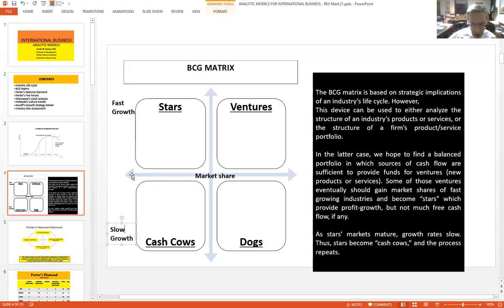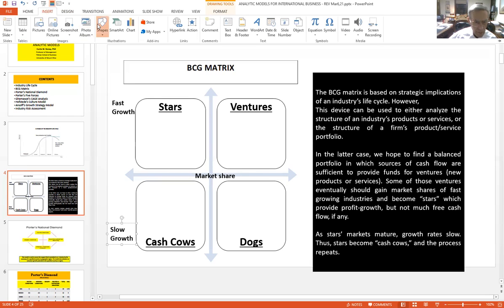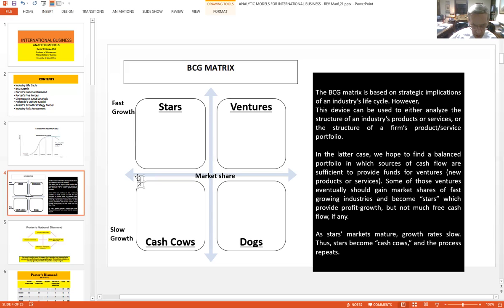And market share, as it turns out, the way they've done this, there we go.